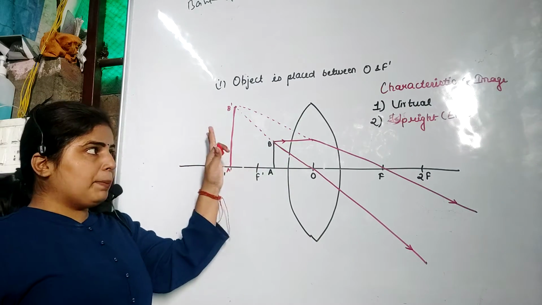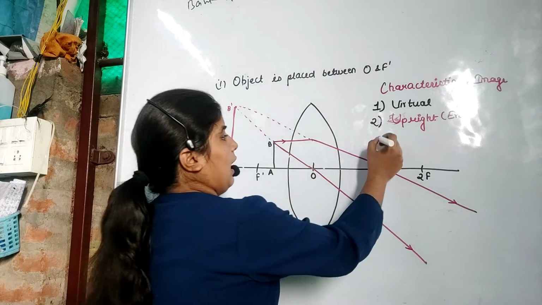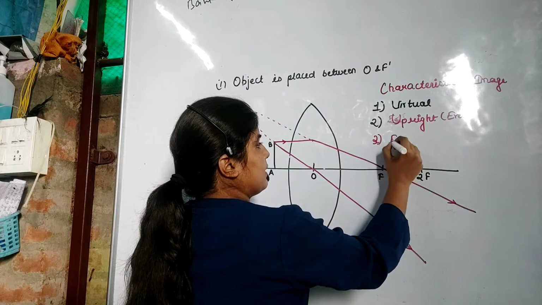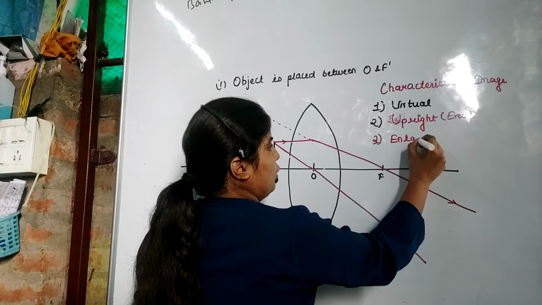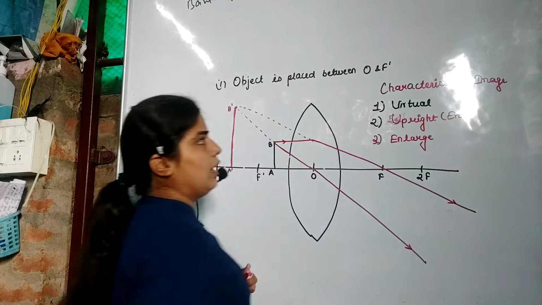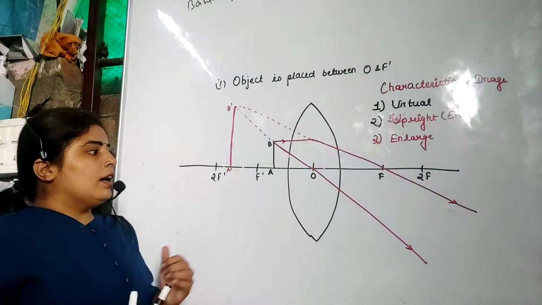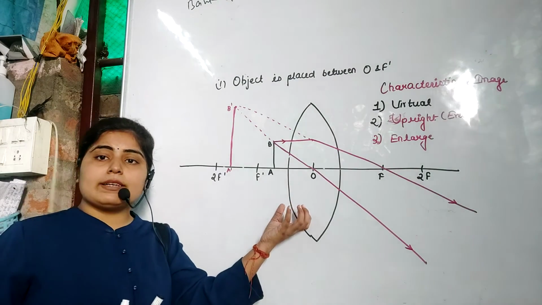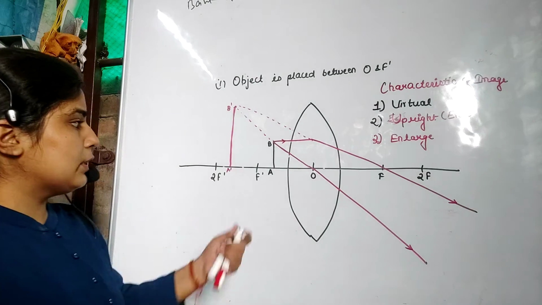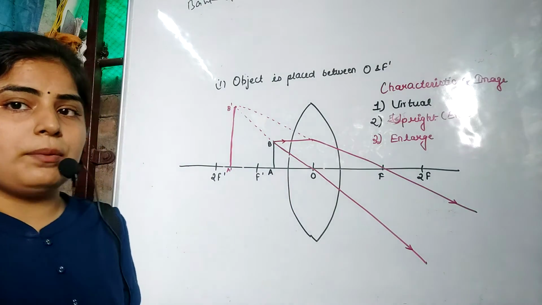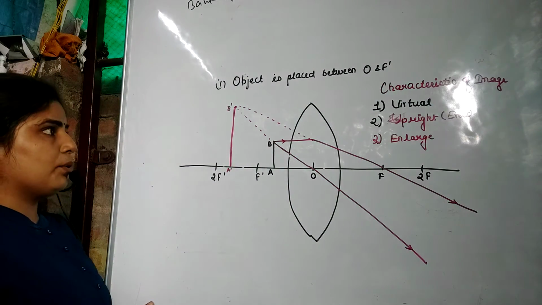So the image is upright or erect in nature. And the third one is that it is enlarged. So these are the three characteristics of the image which is formed by the convex lens, whenever the object is placed in between the focus and the optical center. I think it is clear to everyone.